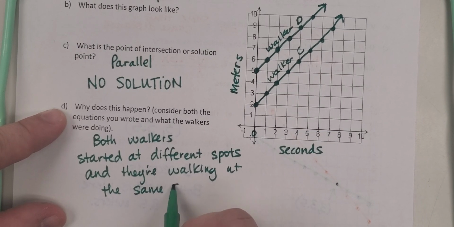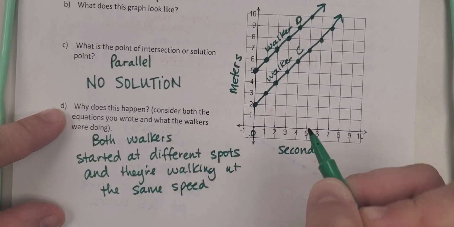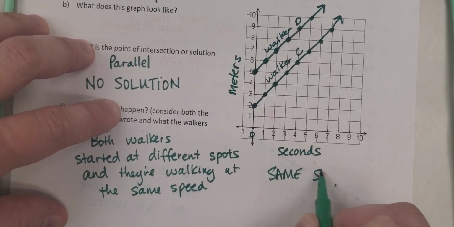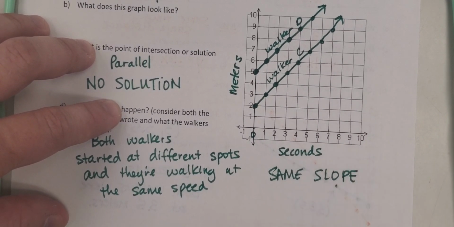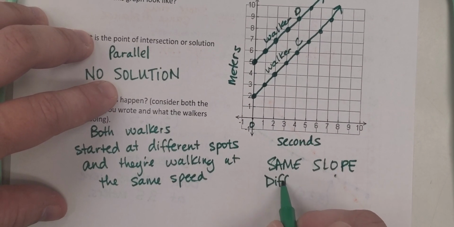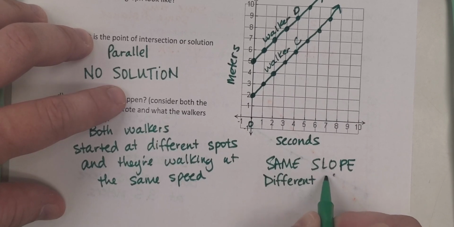So since they're walking at the same speed, that means that they have the same slope. But since they started at different spots, that means that they have different y-intercepts.